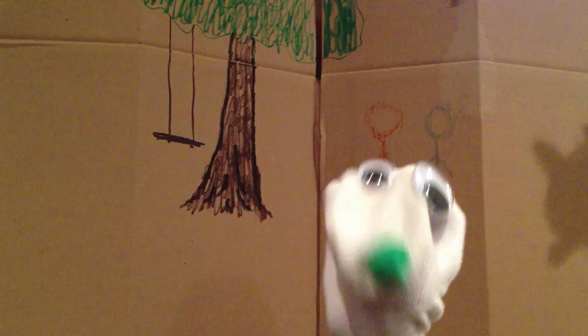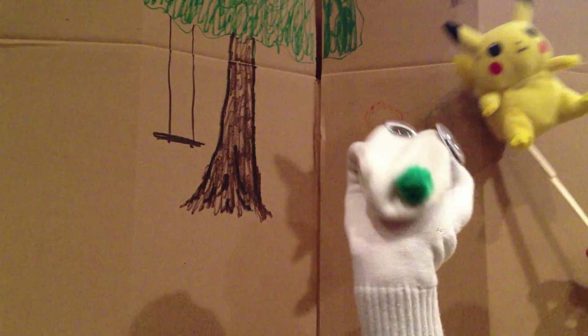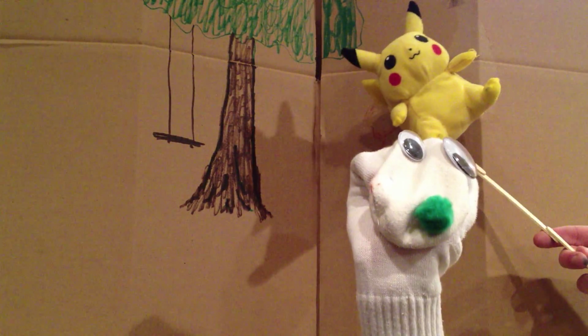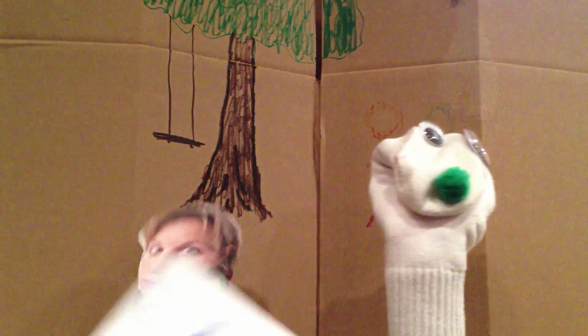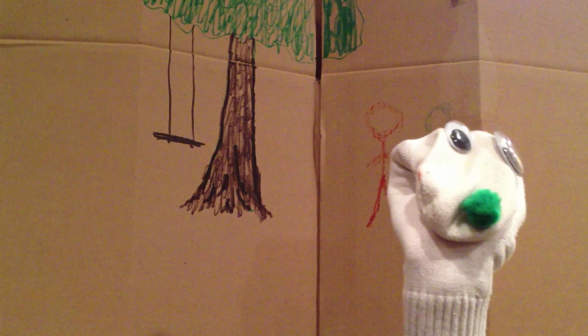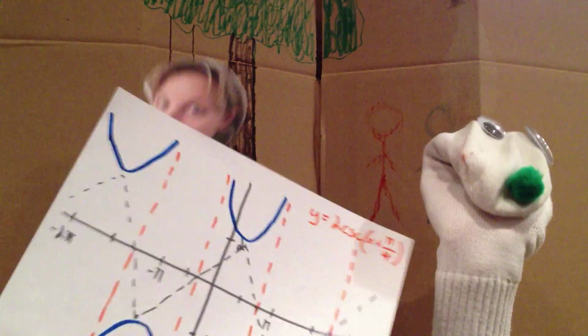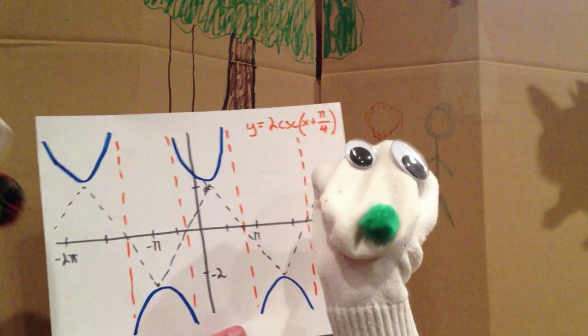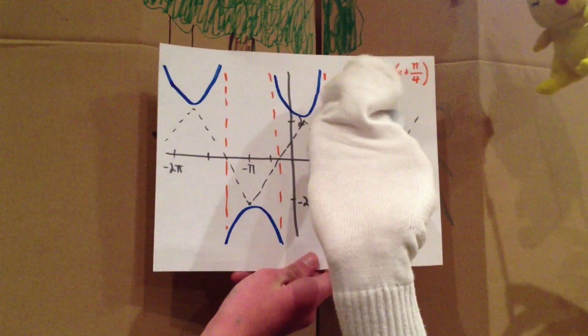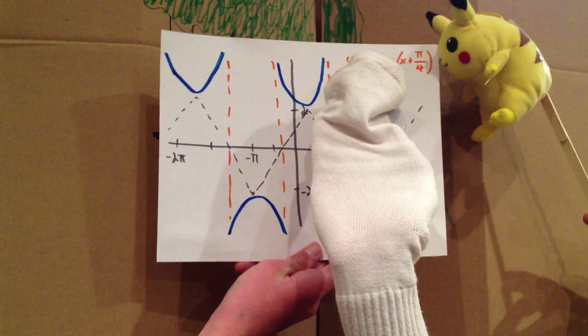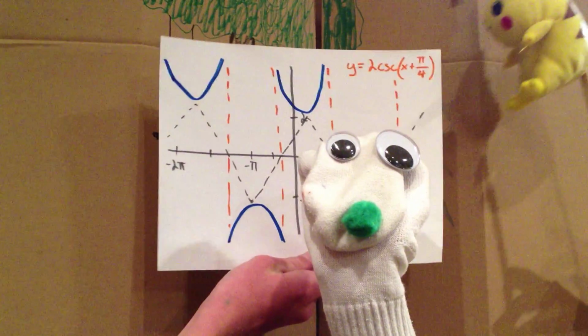Okay, so now we have a couple example problems we can look at. We'll look at the example problem for cosecant first. So our problem is y equals 2 cosecant parentheses x plus pi over 4.